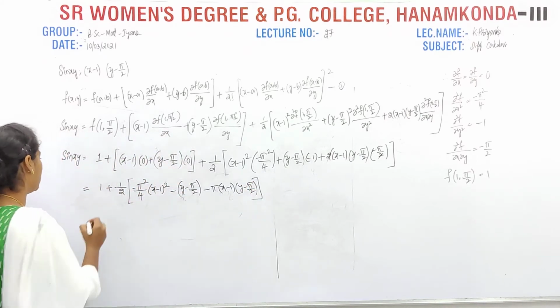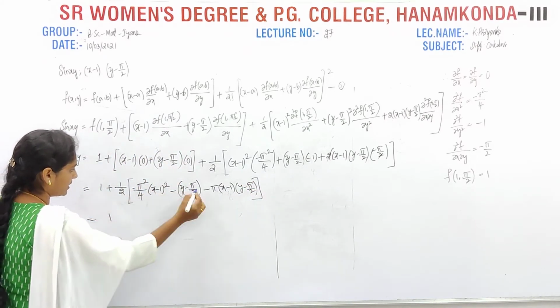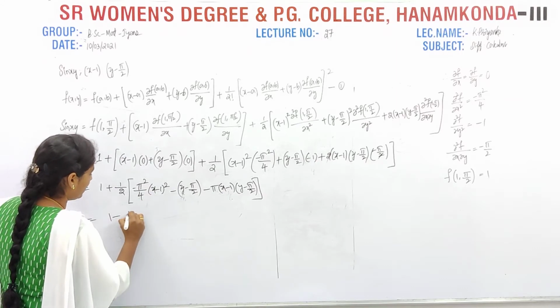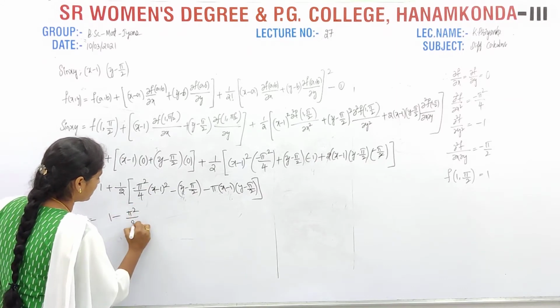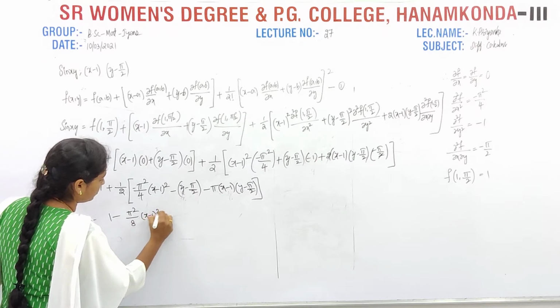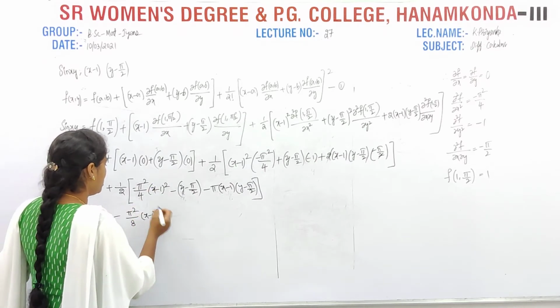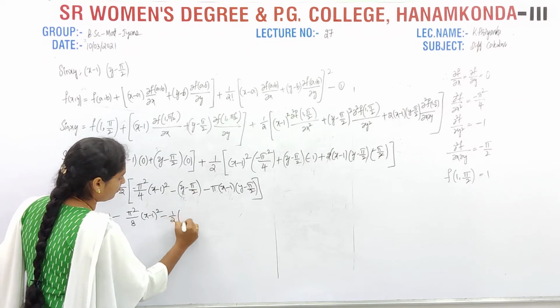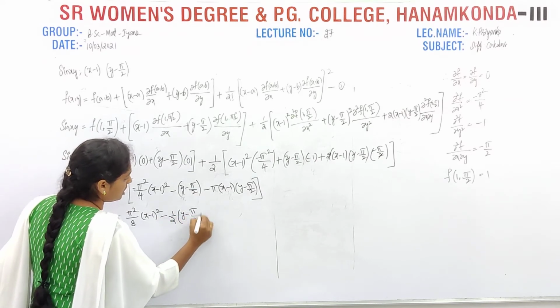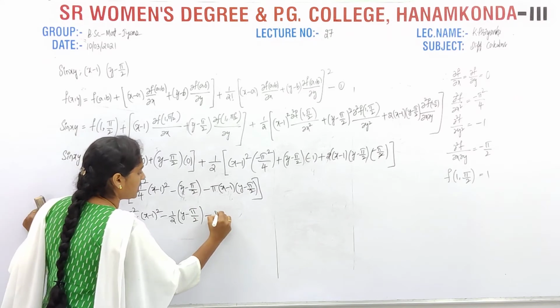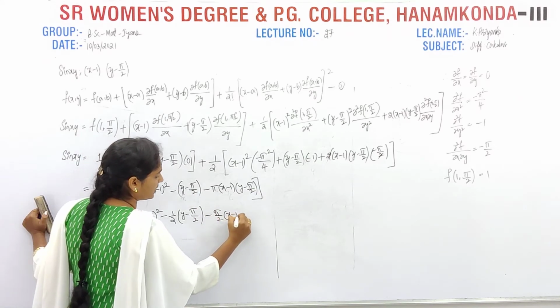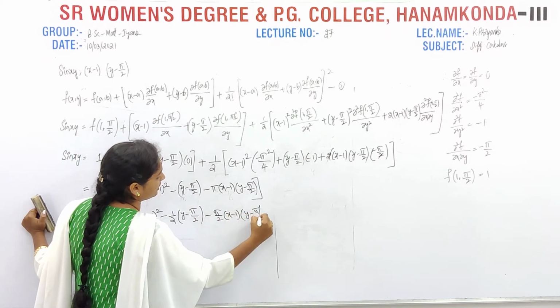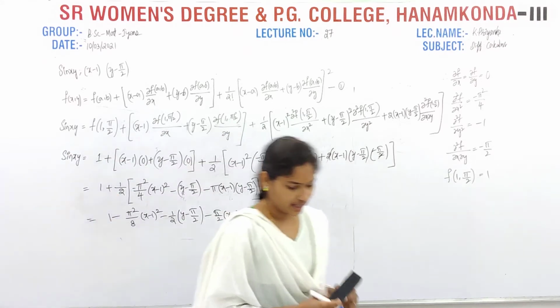Okay, so now clearly 1 minus common, then simply pi square by 2 fours are 8 of x minus 1 whole square minus 1 by 2 of y minus pi by 2. The next here minus pi by 2 of x minus 1 into y minus pi by 2. So that is the required value.